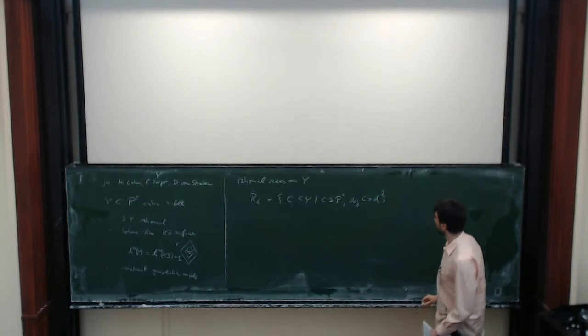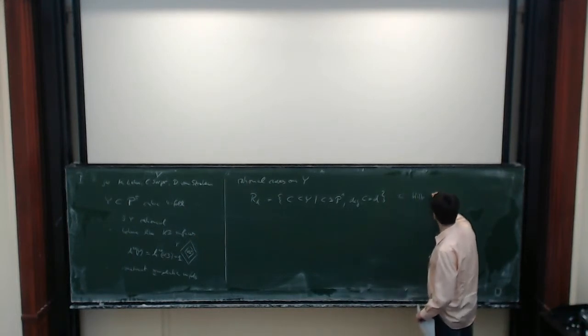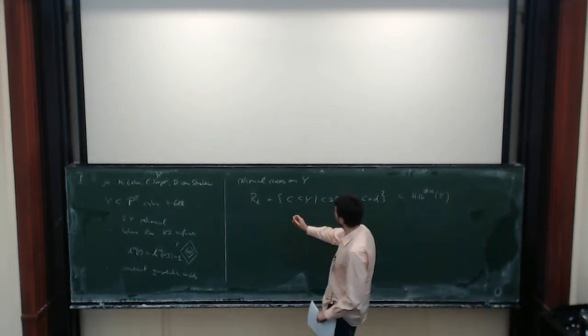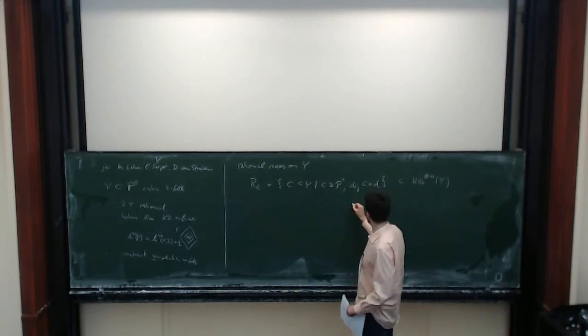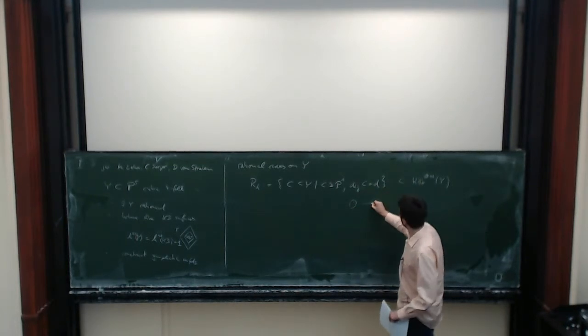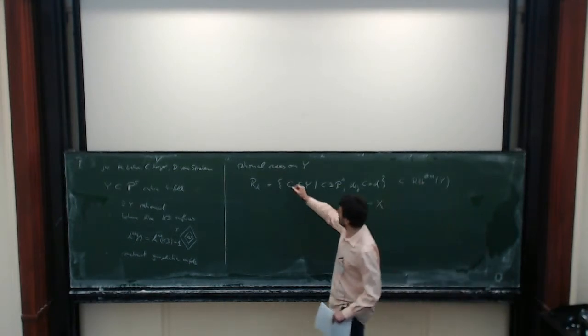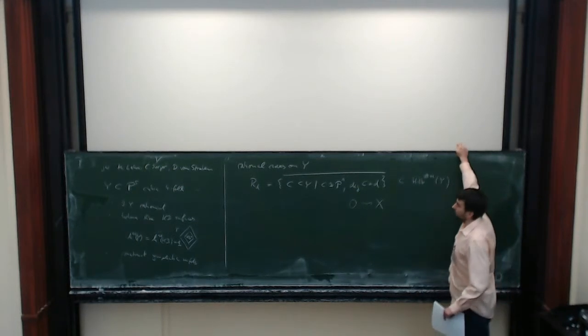And to be precise, I want to think of this as being a subset of the Hilbert scheme, Hilbert polynomial d times t plus 1, of Y. And in general, for example, if you look at d equal 2, then you study conics, and they can degenerate into 2 lines. So what we want to do is look at the closure of this space.